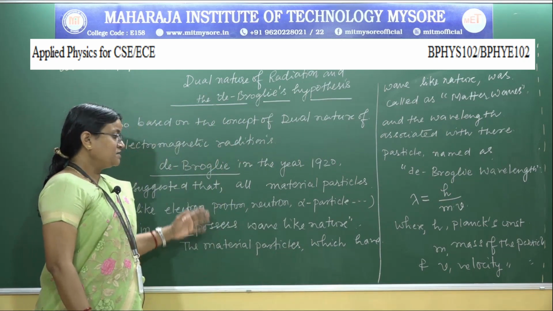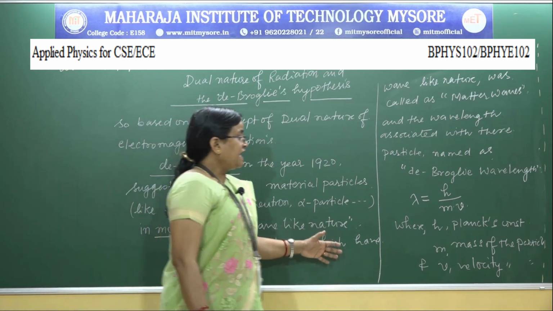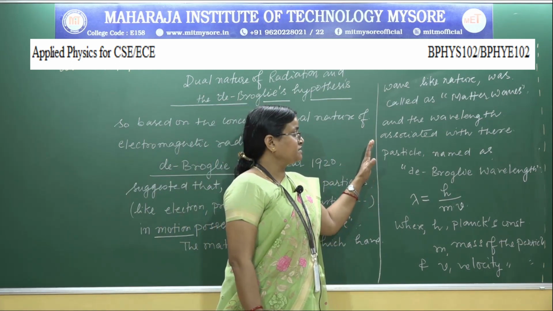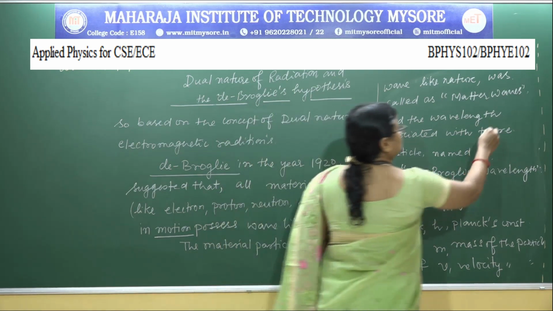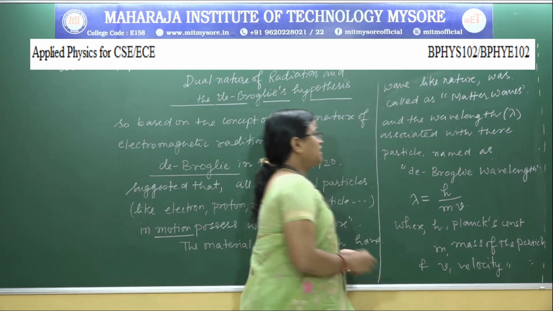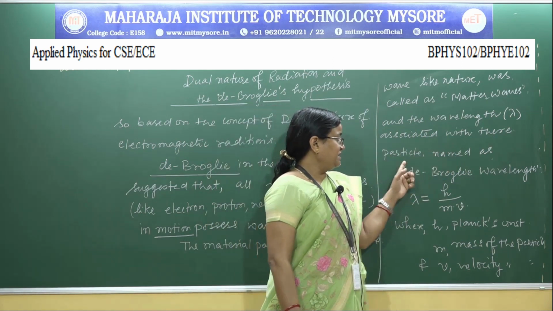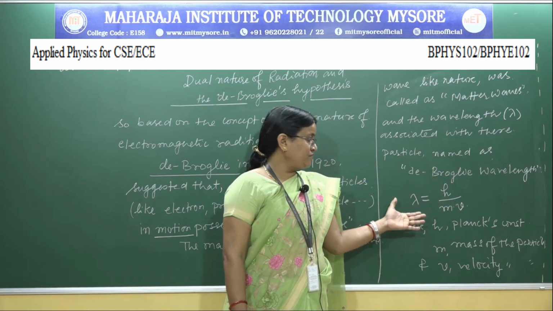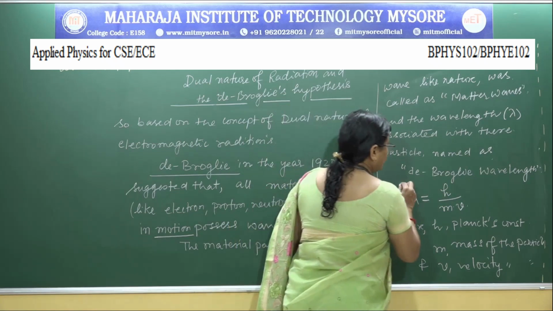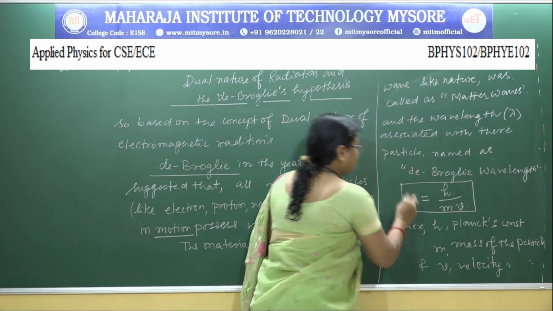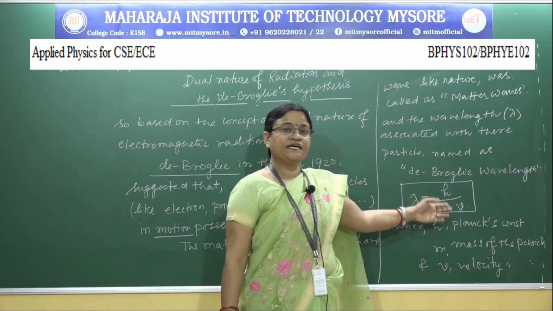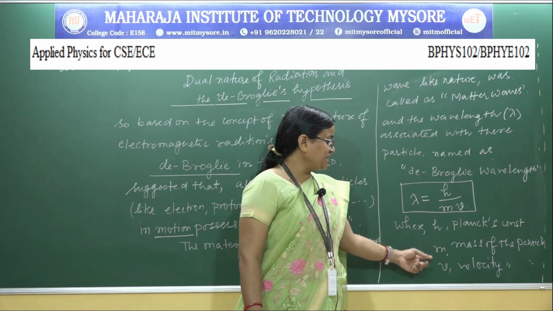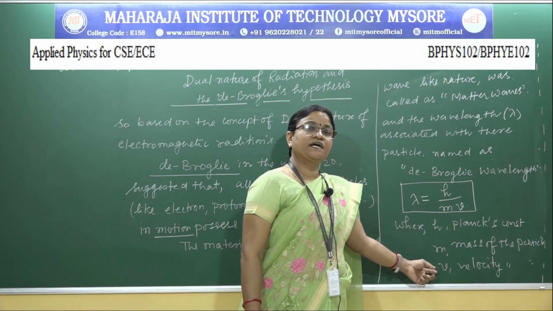So what is it? The material particles which possess wave-like nature are known as matter waves, and the wavelength associated with these particles, which we denote by lambda, is named as de Broglie wavelength. The expression is lambda is equal to h by mv, where h is Planck's constant, m is mass of the particle, and v is the velocity of the particle.